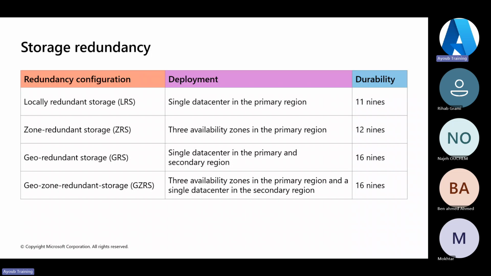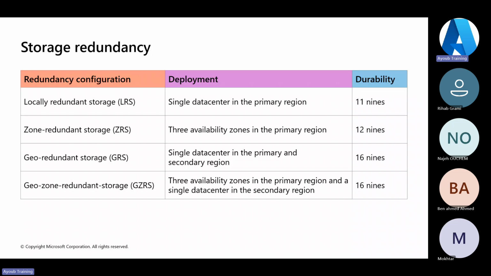The second one is zone redundant storage. It's three availability zones in the primary region. That means in the same region, but in different data centers. So the durability is 12 nines. So it's more available than the first one because we have three copies in three different data centers, but in the same region.